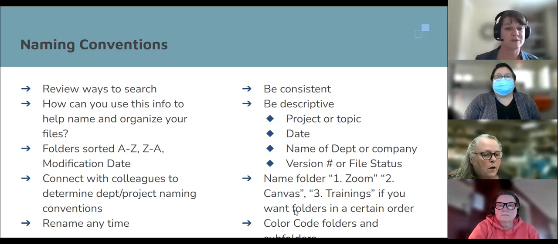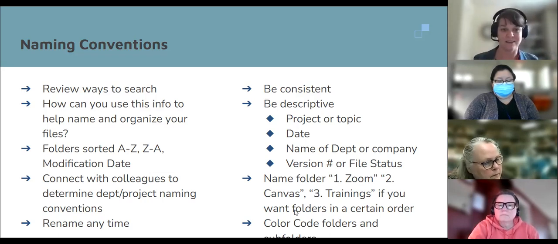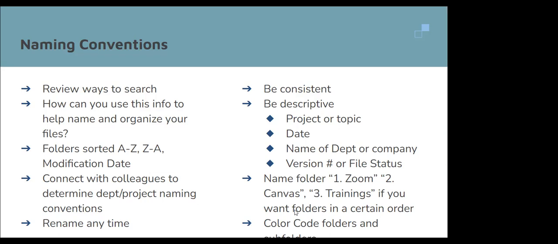Also remember that the way Google is going to sort and list your files is either by name, A to Z or Z to A, or by the modification date. So think about how this sorting and searching works to help us find and locate those files as quickly as possible.